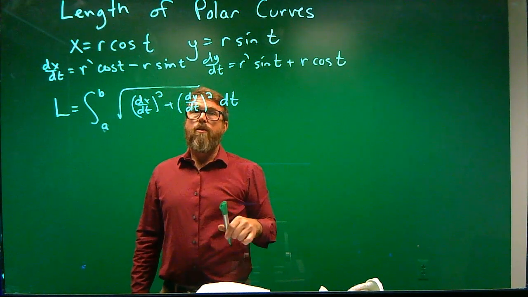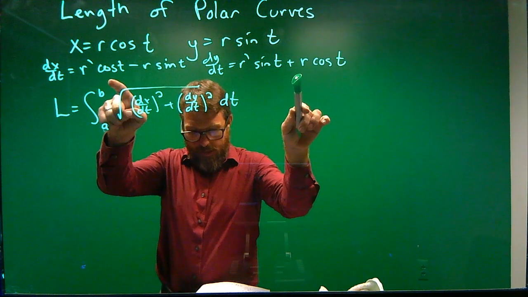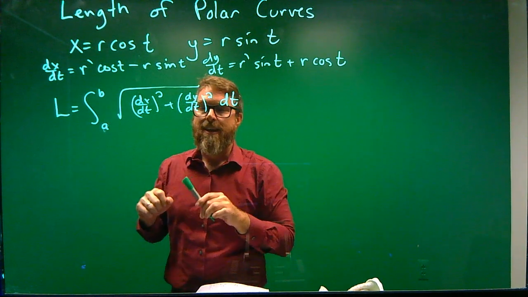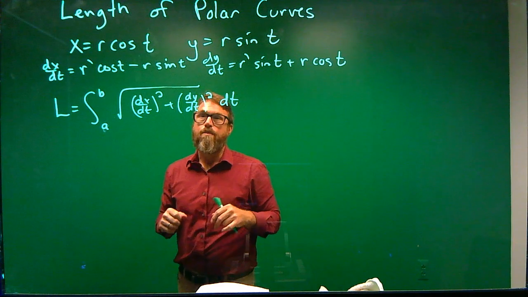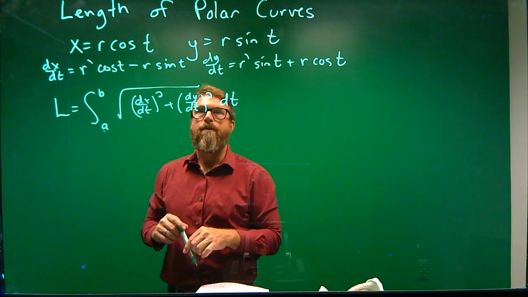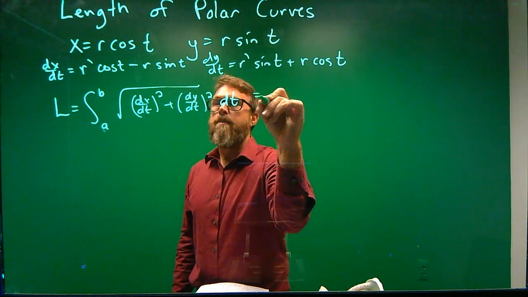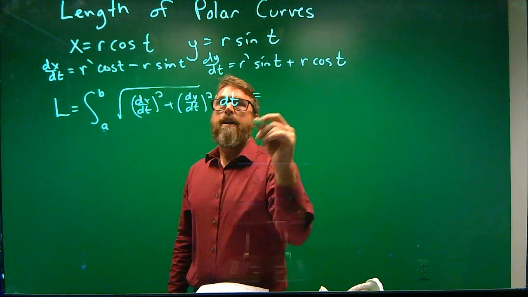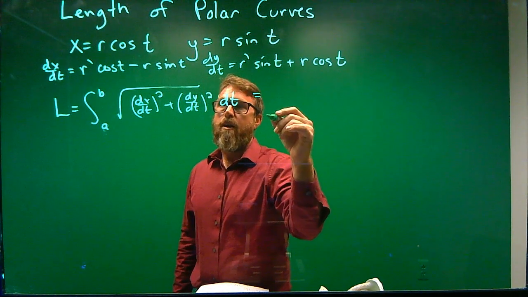All right, so now I can plug these into here, and you'll be surprised, even though it looks pretty scary, they simplify nicely. So if I'm going from alpha to beta, now we're going to go from our t values.